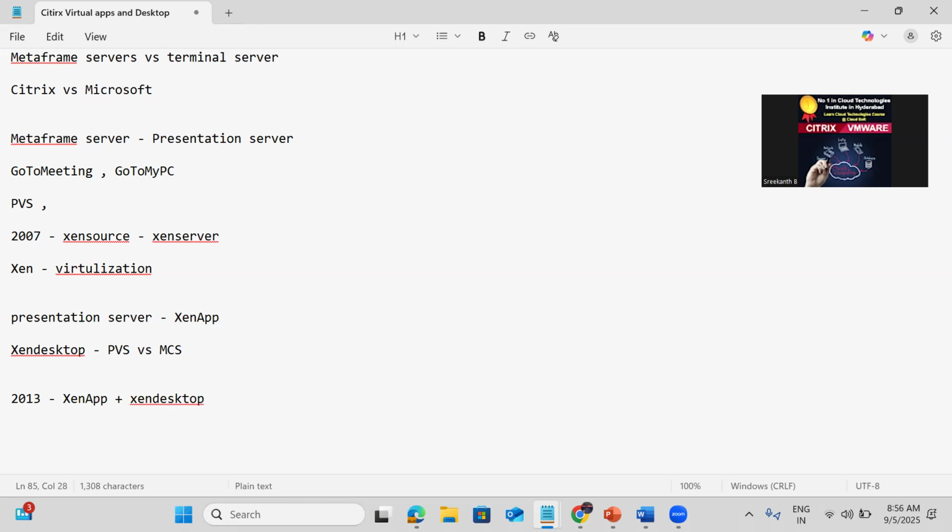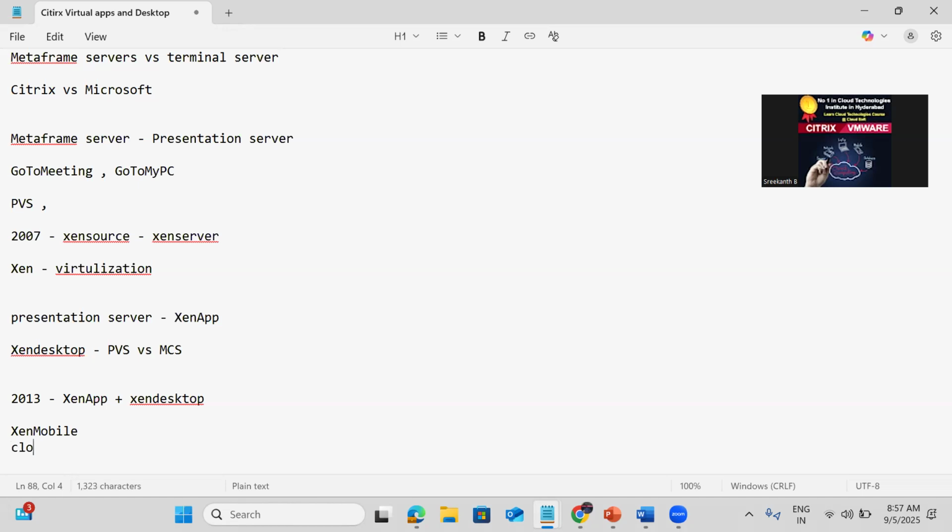Previously, XenApp was one product and XenDesktop was another product, but they merged both of them into one application. Then they also have XenMobile, for MDM.